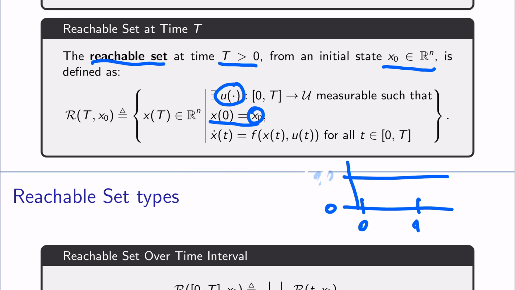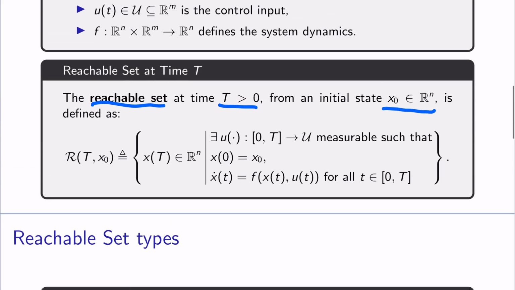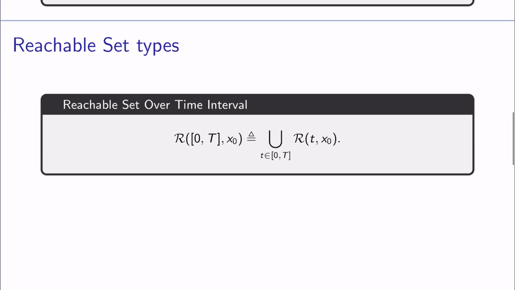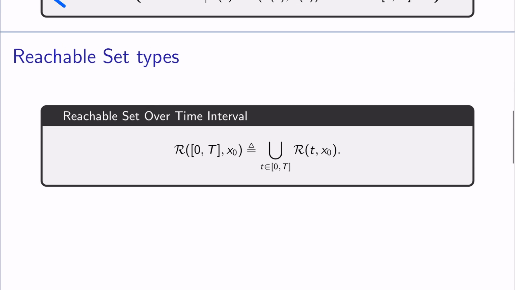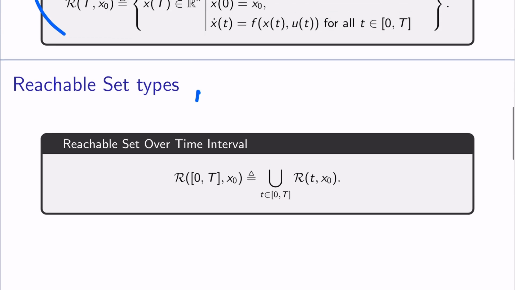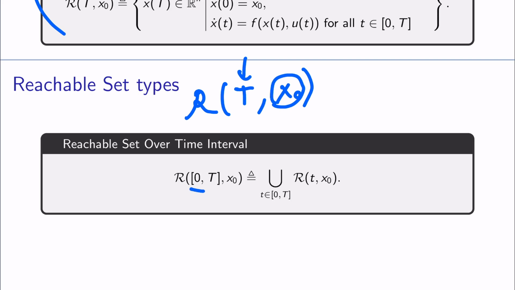Let's eliminate that part. Now that we have this template definition in our toolbox, it will be a simple thing from now on. We had the time and the initial point, but here we have a time interval.